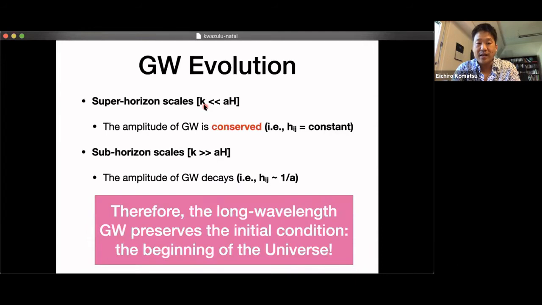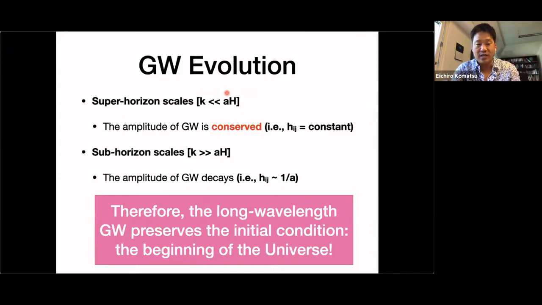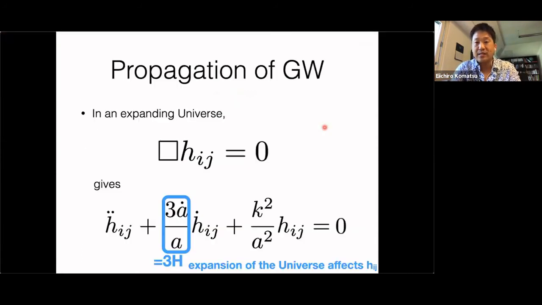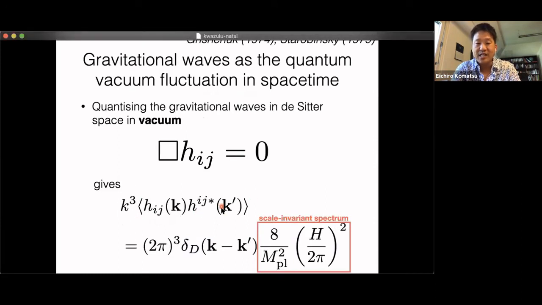So there is this scale that separates the evolution. And very long wavelength gravitational waves, therefore, preserve the initial condition. It can actually allow us to directly probe the initial condition of the gravitational wave produced by inflation. But as you can see here, gravitational waves are produced at all wave numbers, all wavelengths.